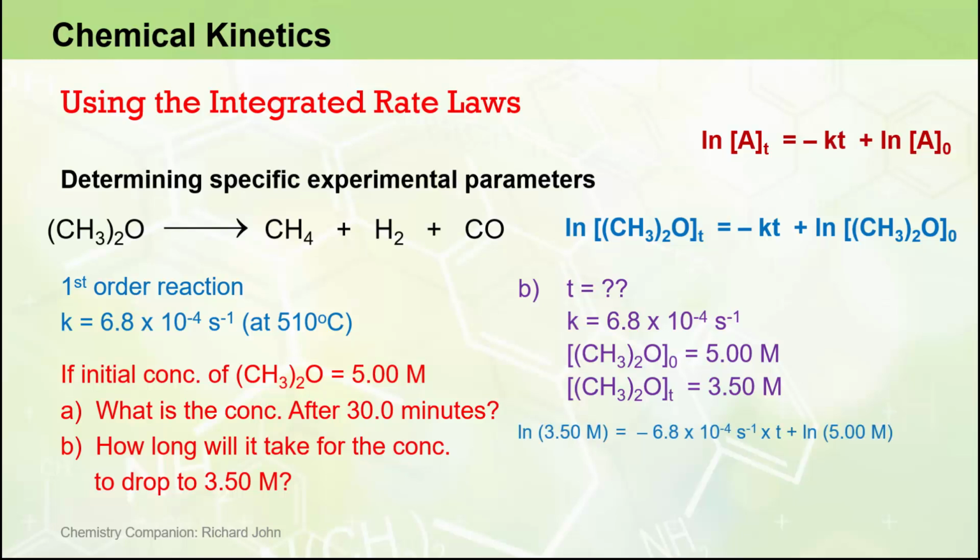Substituting in the relevant values, we get this expression here, which can be rearranged to make t the subject of the equation, and when we solve for t, we find that it will take 525 seconds, or 8.74 minutes, for the reactant concentration to drop from 5.00 molar to 3.50 molar. Again, a very useful type of calculation to be able to carry out in real-world applications.